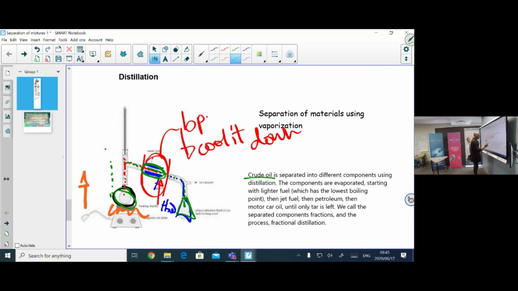We are going to take our crude oil, because we know it's a mixture of different substances. We're going to put heat to it, right?